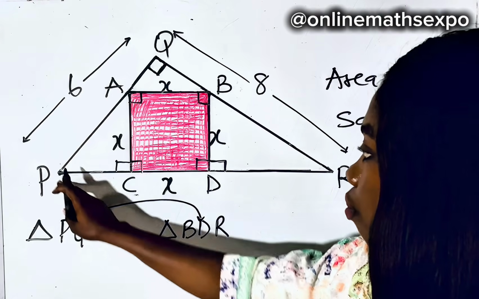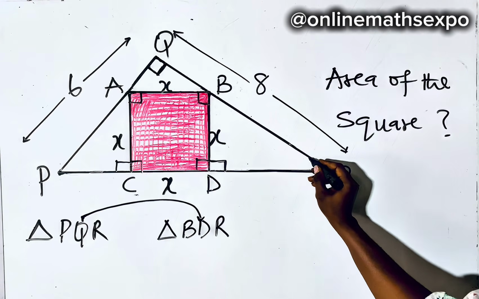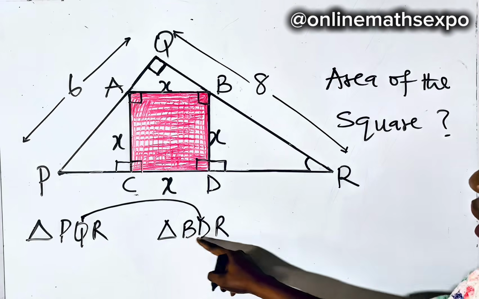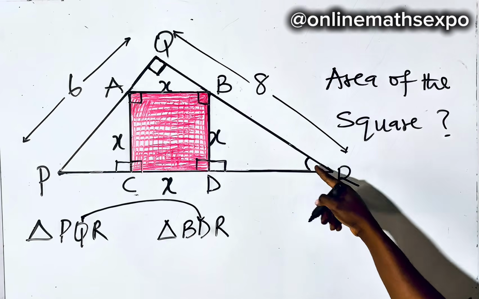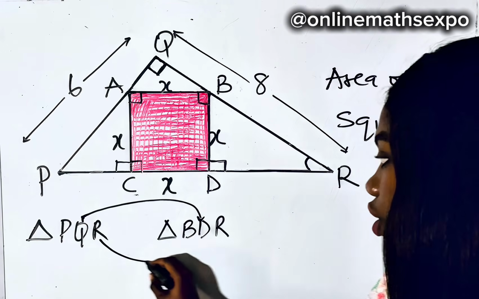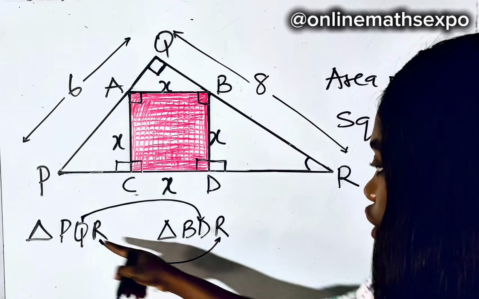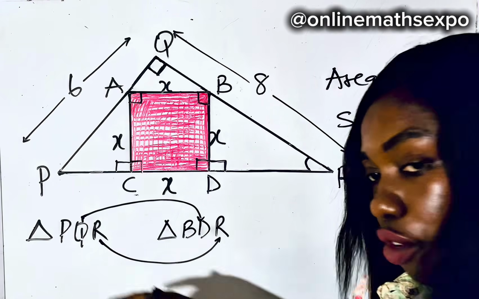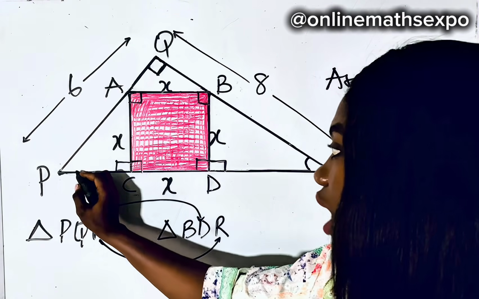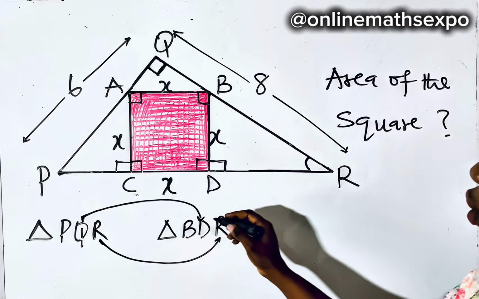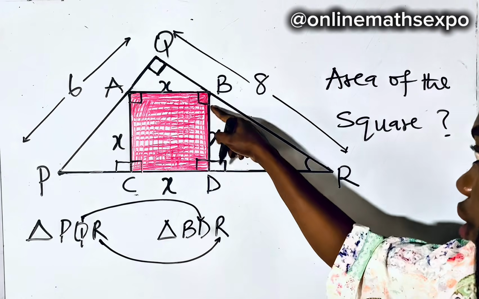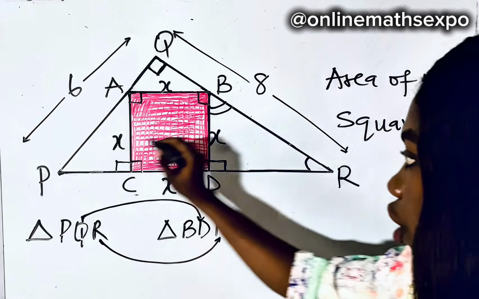Also, in PQR, the angle at R is the same as in BDR, so these two angles are equal. If these two are equal, it means that the remaining should be equal. So the angle at P should be equal to the angle at B.